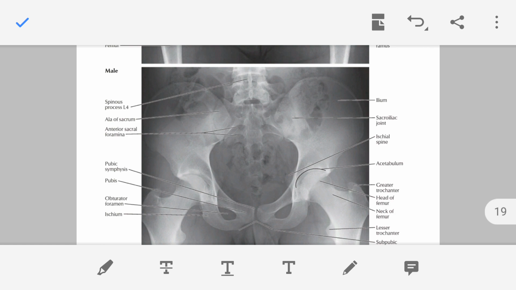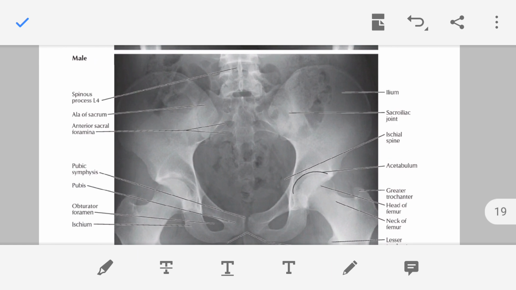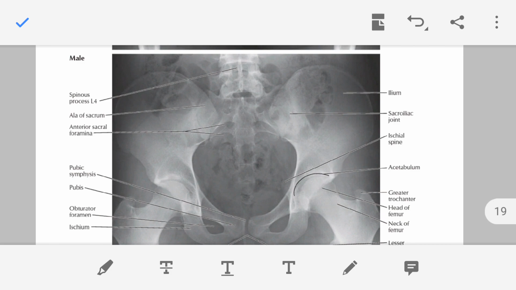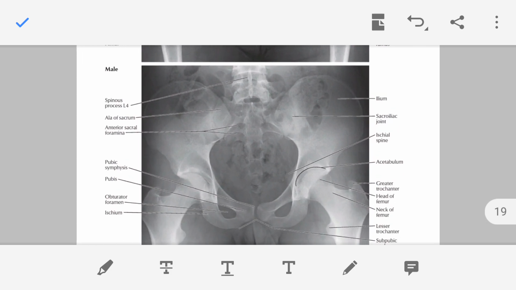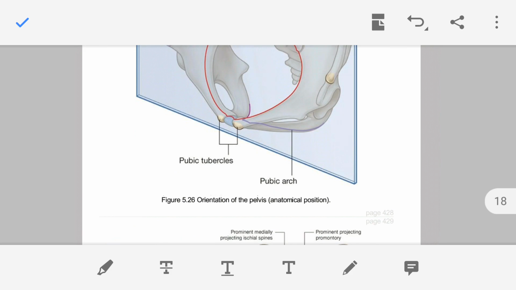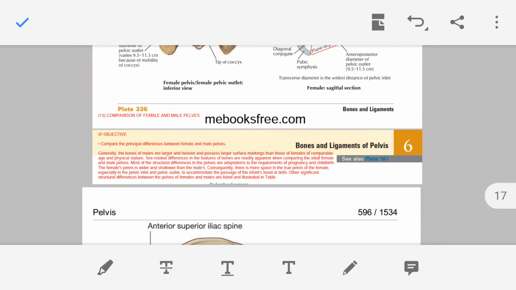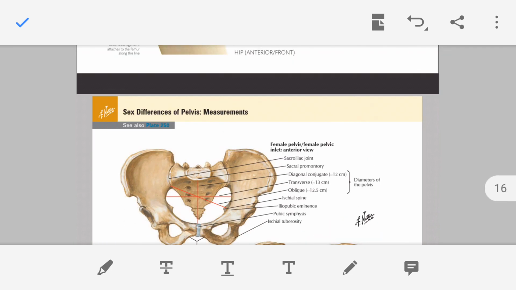In males that is not the case. A man never bears a pregnancy, so their pelvis is the narrow one. So that is the meaning of this 13th point.